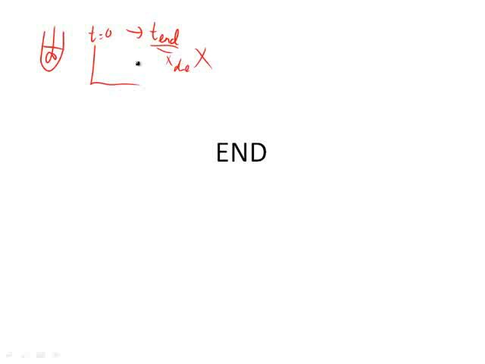What happens in batch? You have your time, you have your X, right? So your X is somewhat like that, right? So what happens to here? This is X maximum. Oh, that is X maximum. So what happens at that point?